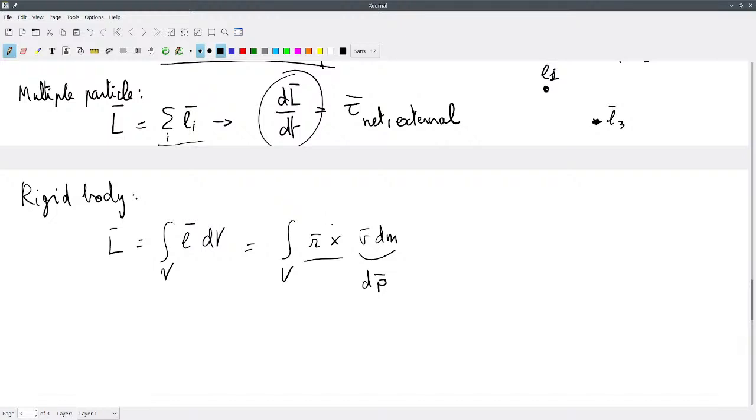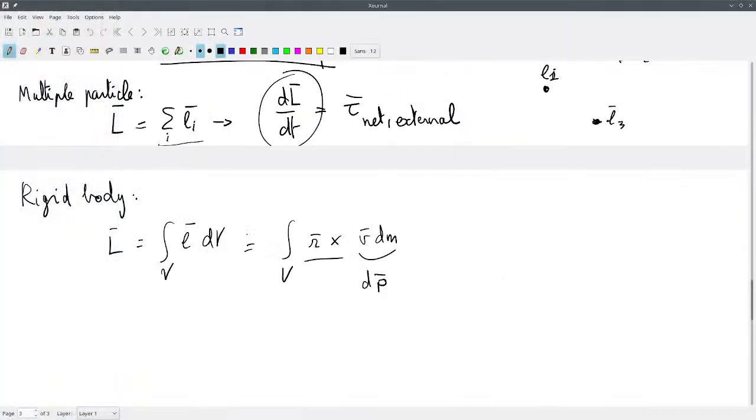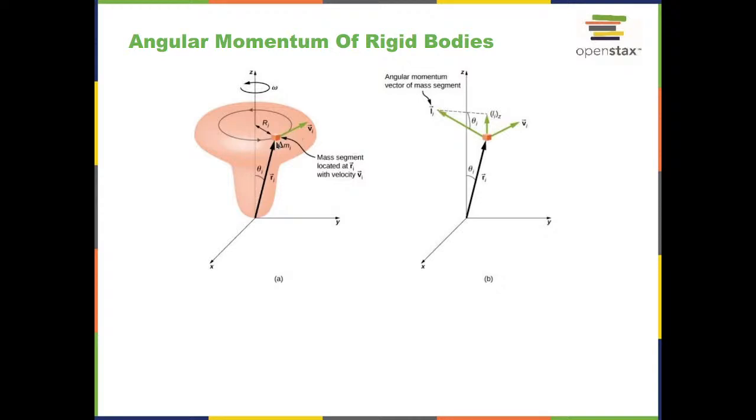If we pick our coordinate system with the z-axis along the axis of rotation, which is what we've done in this drawing here, then r will be perpendicular to the axis of rotation. v will be in the xy plane.